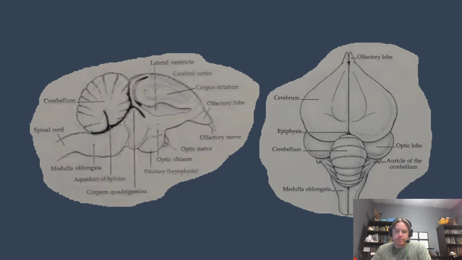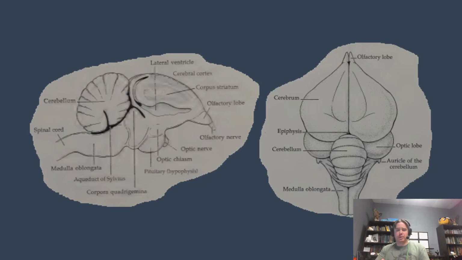The cerebellum is responsible for muscular coordination, balance, and proprioception. It is very, very large in birds, as it takes up a relatively large proportion of the brain, which should make a lot of sense given that birds have to fly and must have strong sense of proprioception, balance, and muscular coordination to do that.